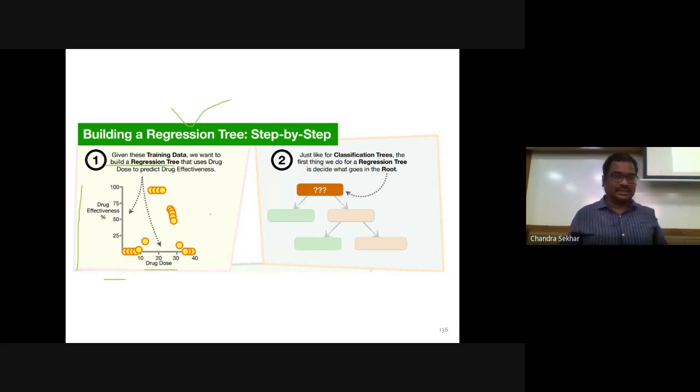Based upon this, if I give any new point, the ultimate aim is to get the effectiveness. So these two points are unknown points that I need to generalize, and these points are the train data, the existing points. So how do we learn the regression tree?